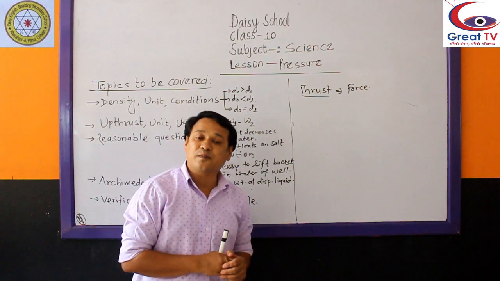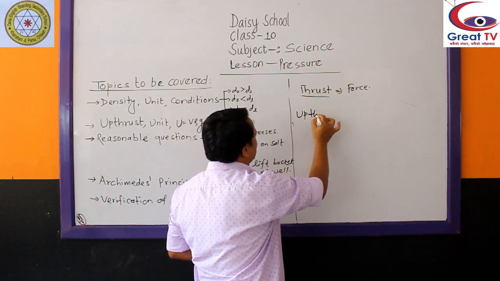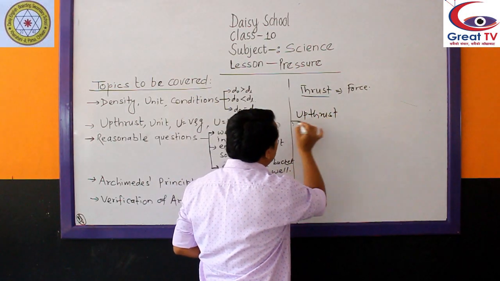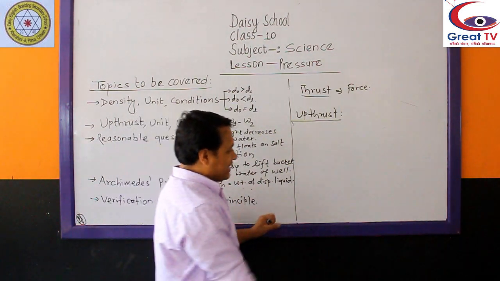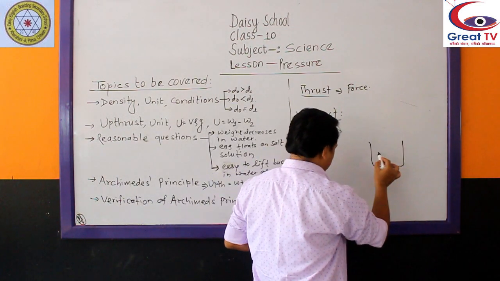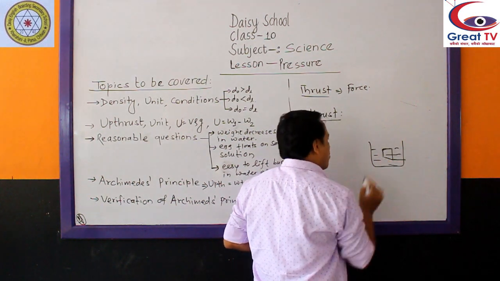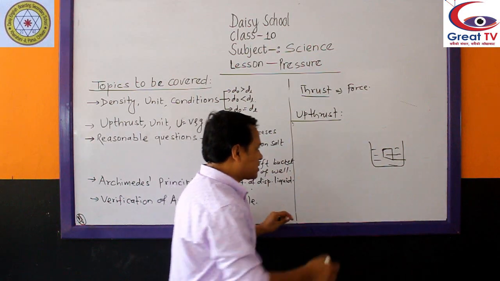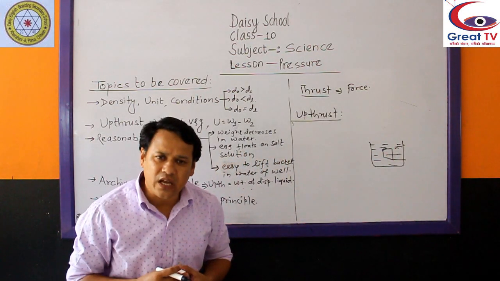Okay, here is the upthrust of liquid. So upthrust means actually upward force. While keeping any object in water, two types of force act on it. Can you guess what they are?